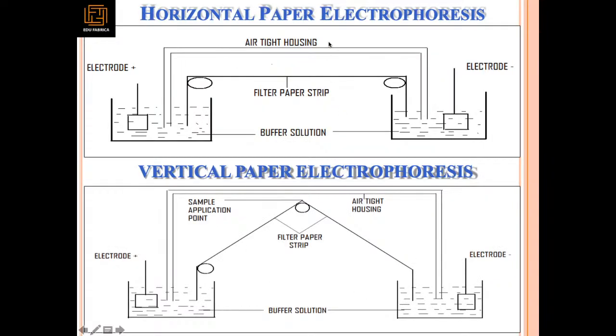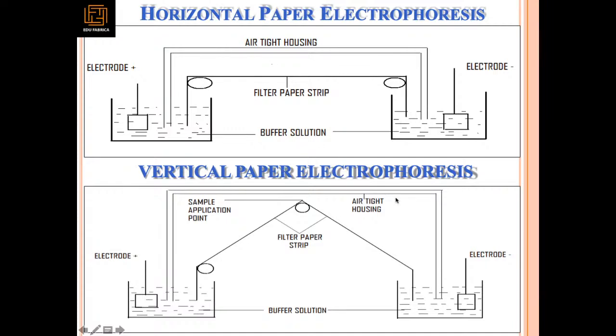In the horizontal we have a filter paper strip, and in the vertical we have this triangle shape. In this, we have a positive electrode at one end and a negative electrode at the other end. We have an airtight housing, filter paper strips, and buffer solution.